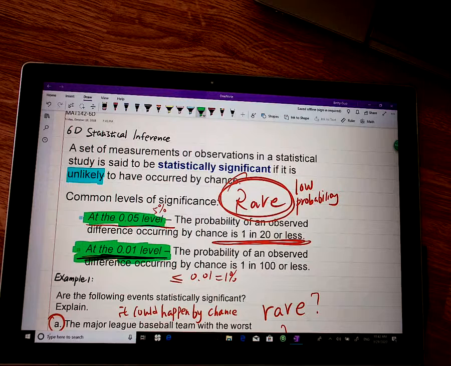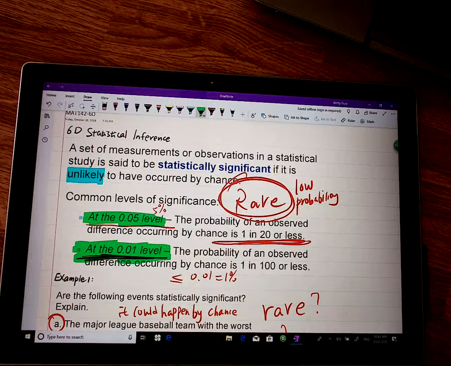If we say at the 1% level, something is statistically significant, that means the probability of the thing is less than or equal to 1%. Okay? Yeah, as it wrote here, the probability of an observed difference occurring by chance is 1 in 100 or less. Am I clear about that?